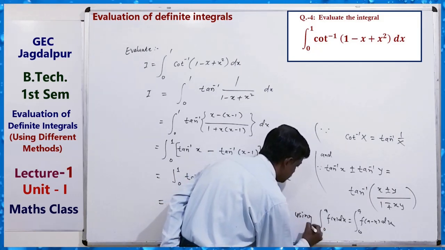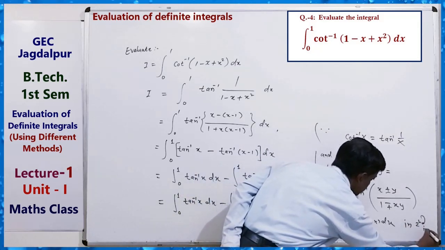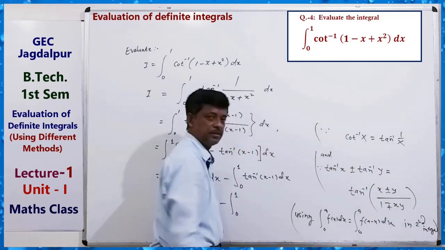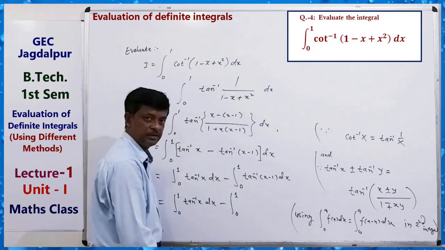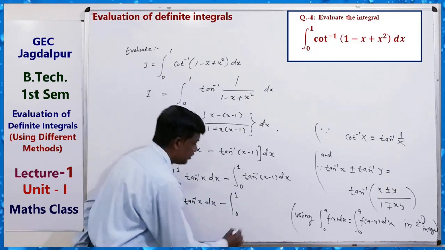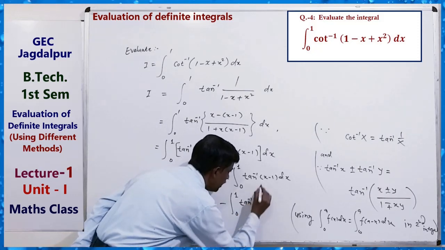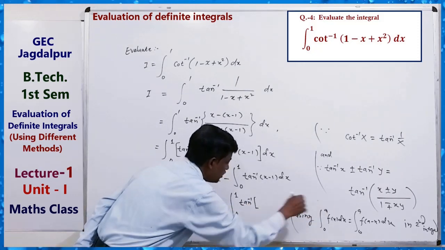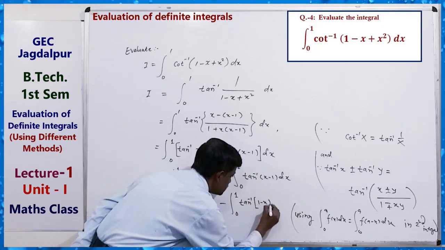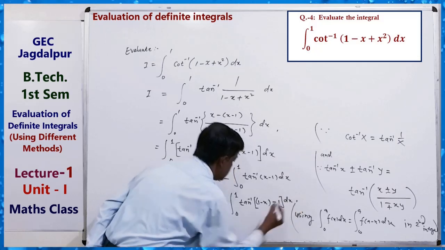Using this in the second integral, what will be the value? Tan inverse in place of x, (a minus x), so 1 minus x, 1 minus x minus 1 dx.